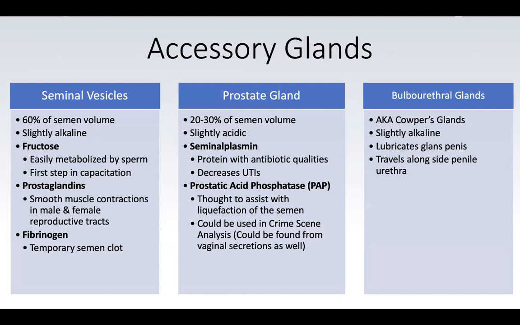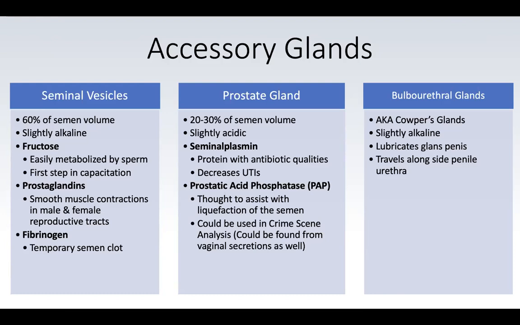Please note that you will also see bulbourethral glands in the female reproductive system. It's just located in a different position. You'll see later on. With that being said, seminal vesicles and prostate gland are male-specific accessory glands. One more time, seminal vesicles and the prostate gland are male-specific accessory glands.